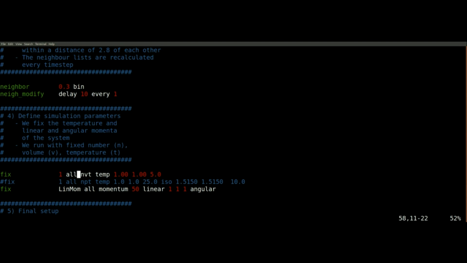I want you to fix the number of particles, i.e. if we lose a particle, stop the simulation. I want you to fix the volume of the simulation box, i.e. no fluctuations in size because of pressure. The pressure can vary here, but the volume must stay the same. Last, I want you to attempt to control the temperature. I say attempt to control the temperature because actually keeping the temperature exactly fixed is incredibly difficult. And we'll get to why in a bit.